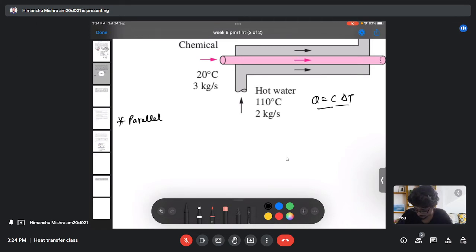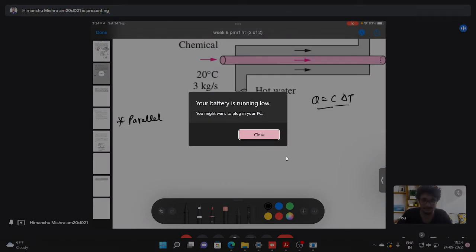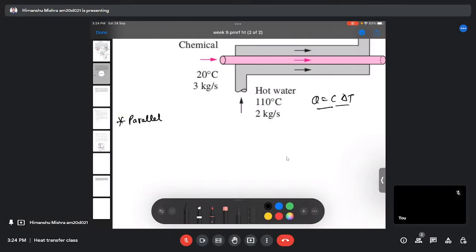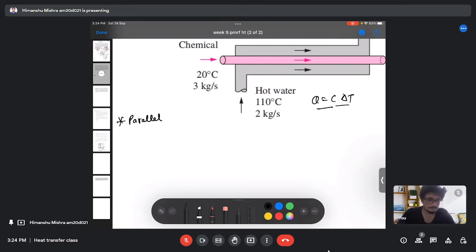To do this, we need to find the heat transfer itself. For finding this heat transfer, we will be using the effectiveness, which can be given as the ratio of heat transfer to the maximum heat transfer. For the maximum heat transfer, we don't need the outlet temperature of both fluids.